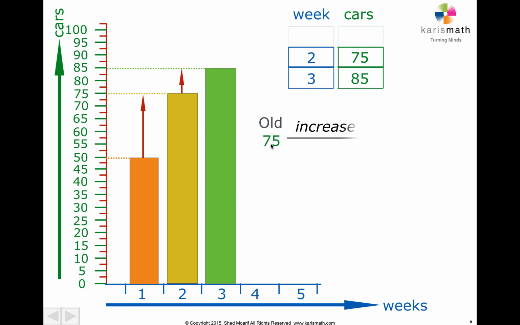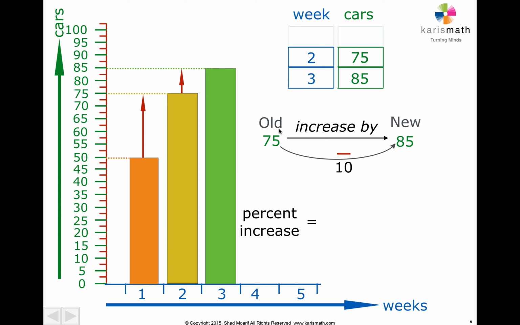That difference is 10 over the original amount, which was 75 this time in the second week. So work out the percentage. 10 out of 75 is what percent? We work this out and we get 6 2/3%. That's your answer. So the percentage increase from the second to the third week is 6 2/3%.